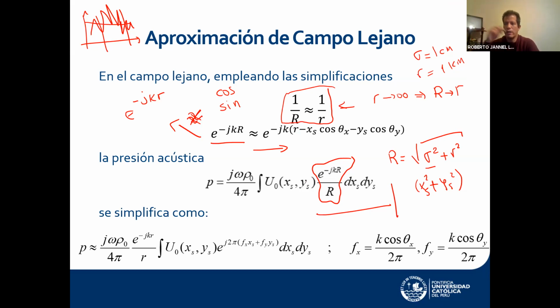Let me give you another argument that may be more convincing. Imagine, just for the sake of an argument, that capital R is equal to little r multiplied by 1.001 or something like that. Of course, 1 over R and 1 over little r are going to be the same thing.